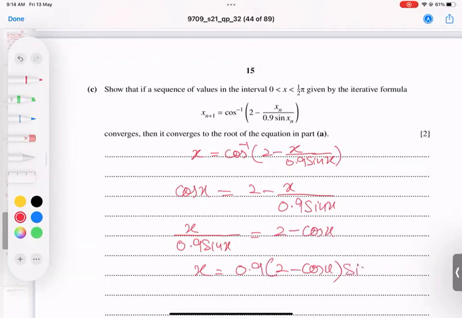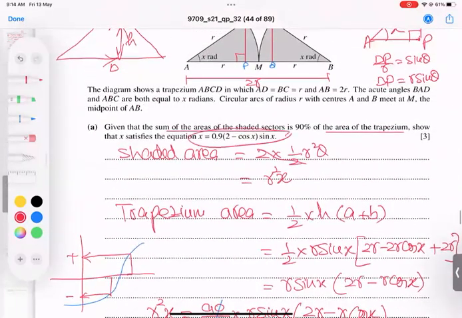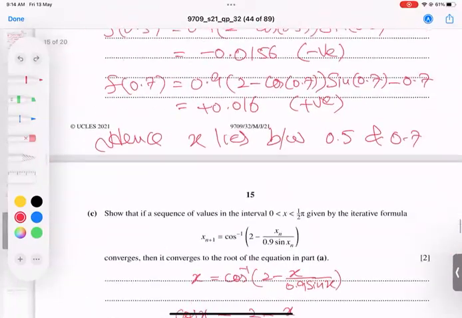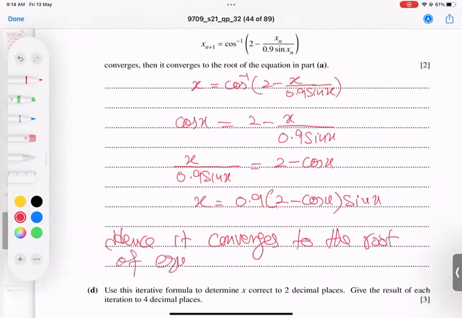And sin x I'm writing at the end. See, it totally matches. Yes, exactly matches. So if it matches, you should write the statement. Hence, it converges to the root of the equation in part A. Okay, so I hope you got the idea very well.